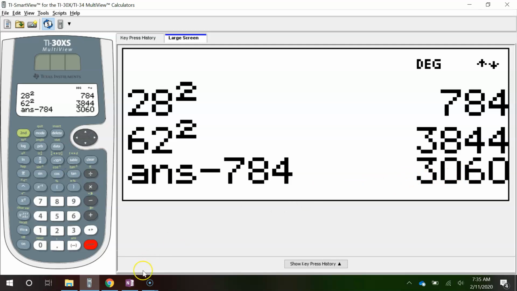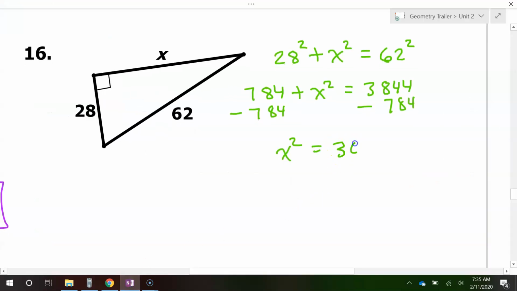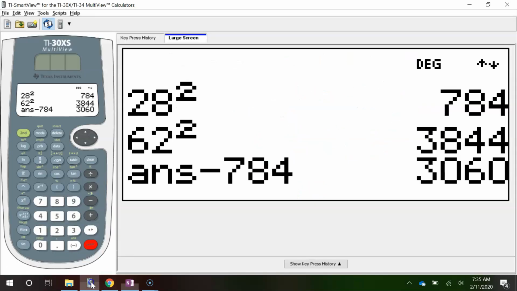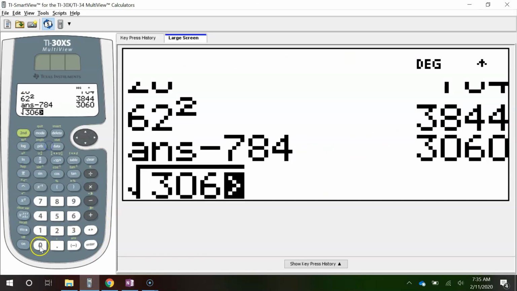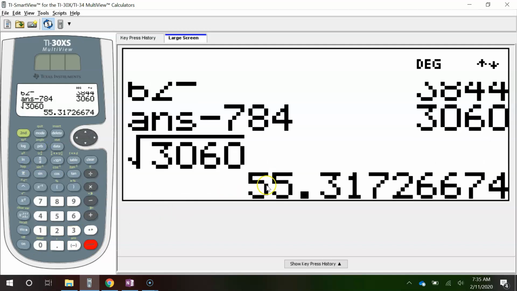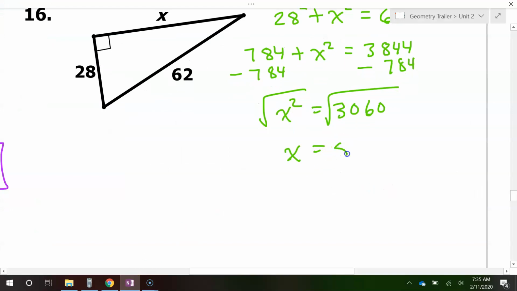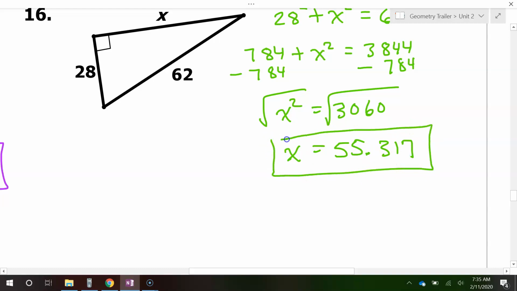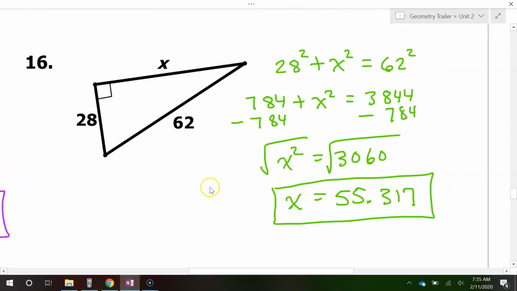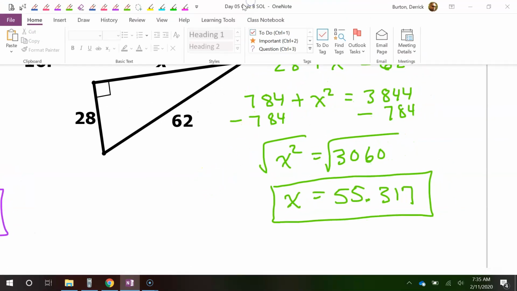So that's 3,060. And then you take the square root of both sides. 55.317. All right, so that's it for number 16.